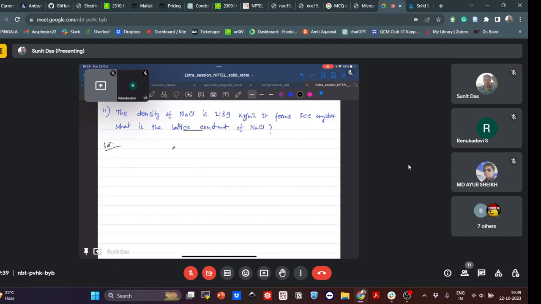But what we know is that the formula for density is Nm by Na a cube, right? N is the number of atoms in the unit cell, m is the molecular mass, and then Na is the Avogadro number. So we need to find a, so a cube equal to Nm by Na rho.